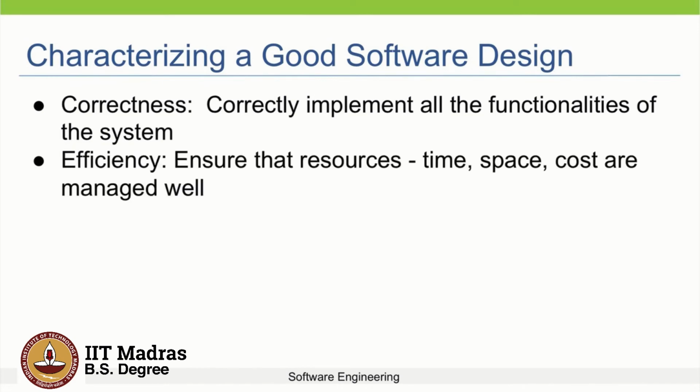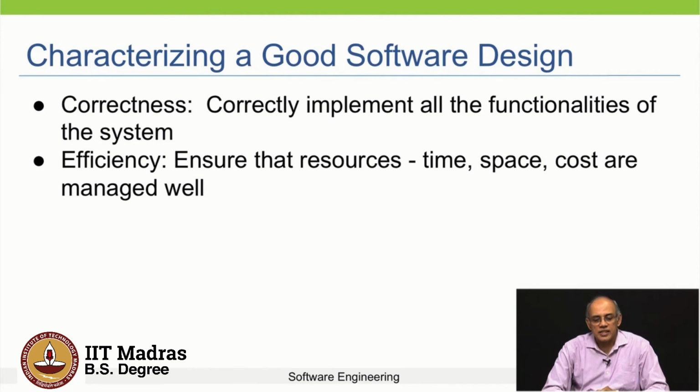Another characteristic of good software design is efficiency. Efficiency means that we want to ensure that the resources, that is the time and the space and the cost, are managed well. For example, when you are trying to choose the development framework for an application, you have to decide whether this is the correct one.